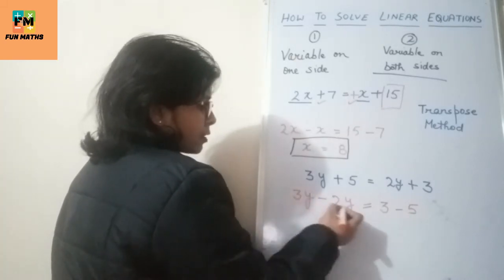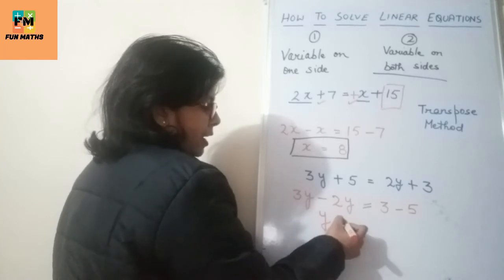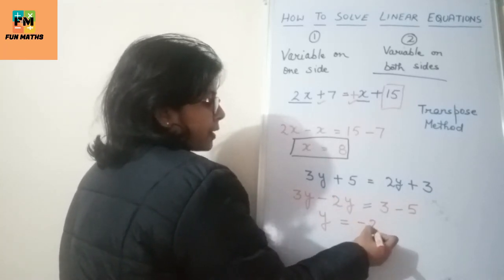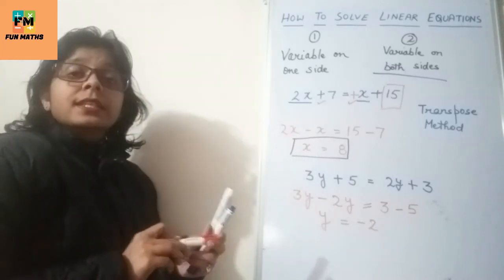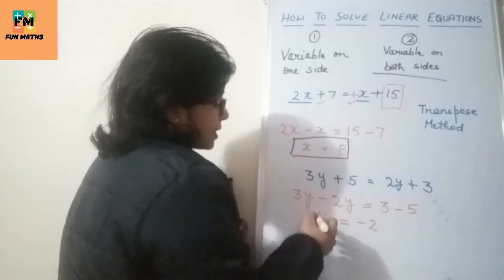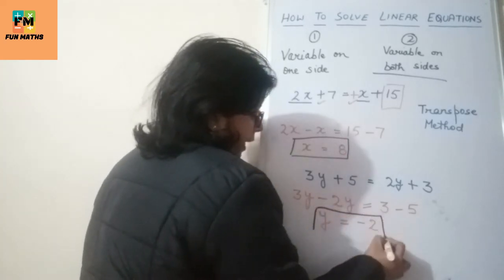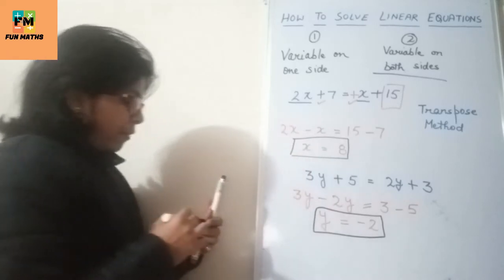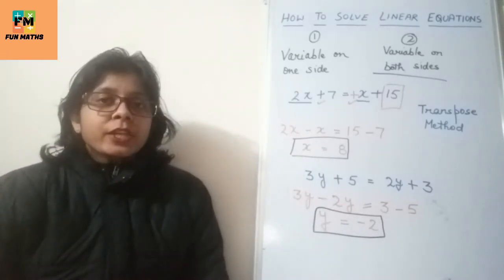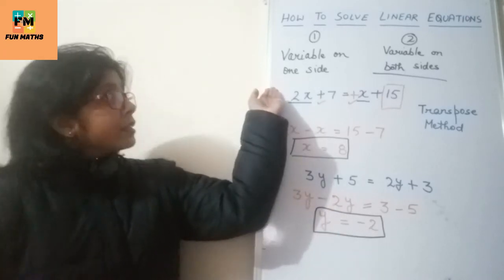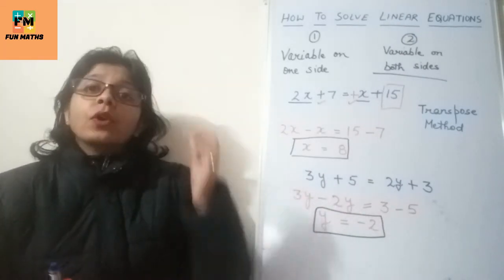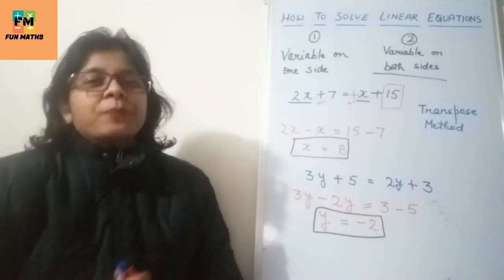Now if we solve this, 3y minus 2y, we know y is equal to, now 3 minus 5 we know minus 2. We have learned all this in integers. 5 minus 3 is 2. 3 minus 5 is minus 2. So in this way, we have learned how we can solve simple linear equations when the variables are there on one side of equal sign and the variables are there on both sides of equal sign.